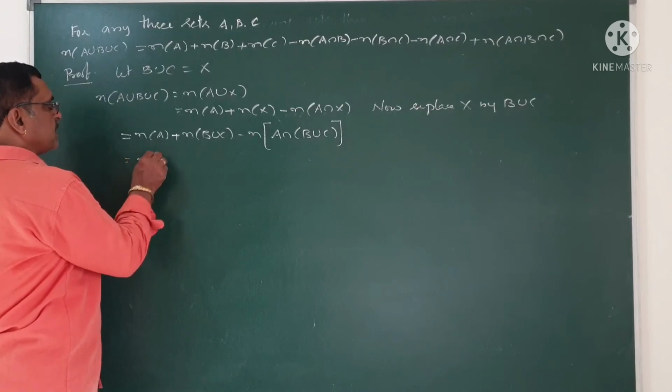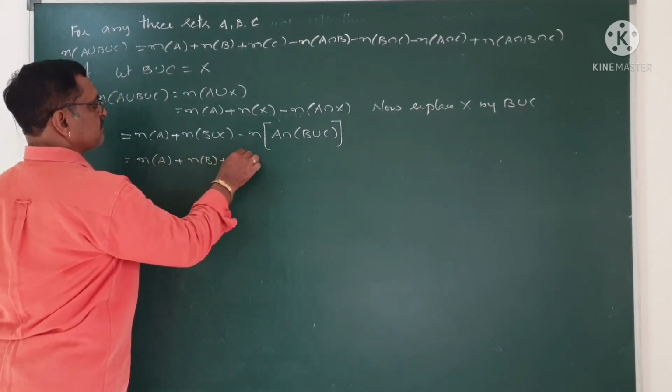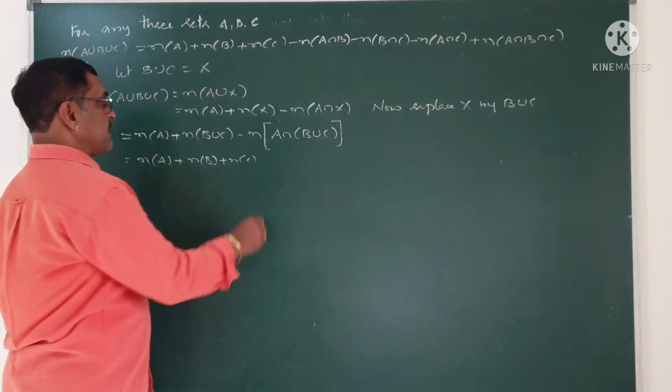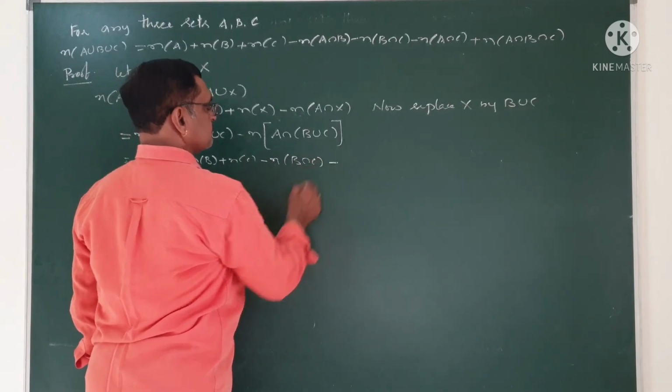That gives n of A plus n of B plus n of C minus n of B intersection C.